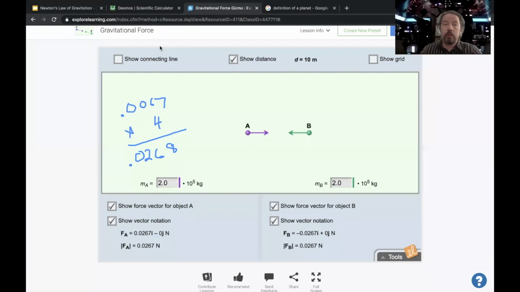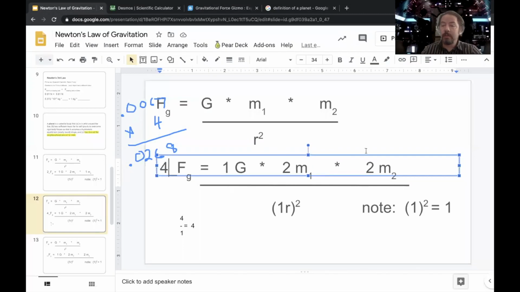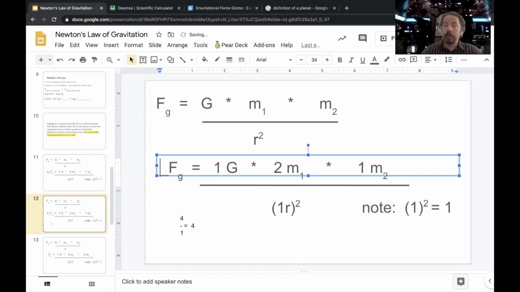What I'm showing you is working, okay? Because here's what the test question is going to say. The test question is going to say, you have a force of gravity that equals 10 newtons, and you double one of the masses. What's going to happen to the force? So if I double one of the masses, I'm going to multiply my force times 2.